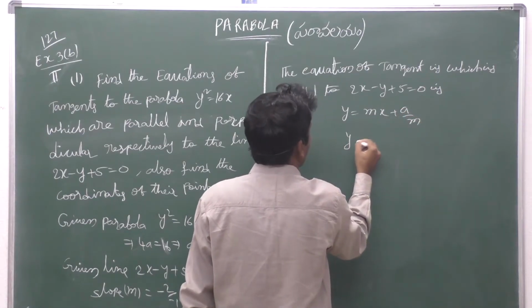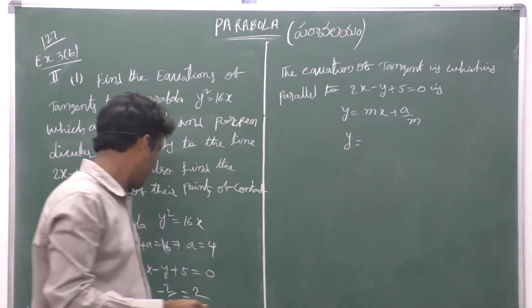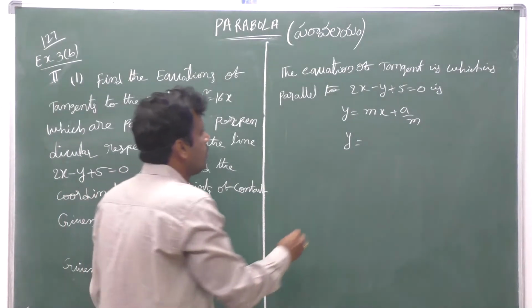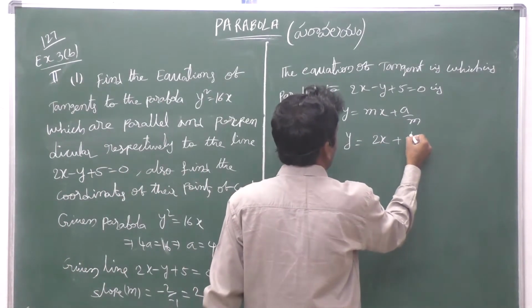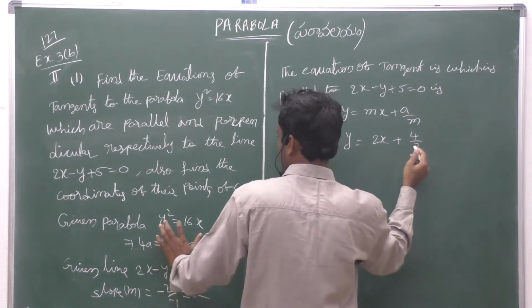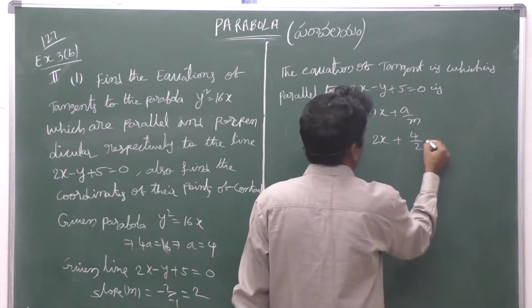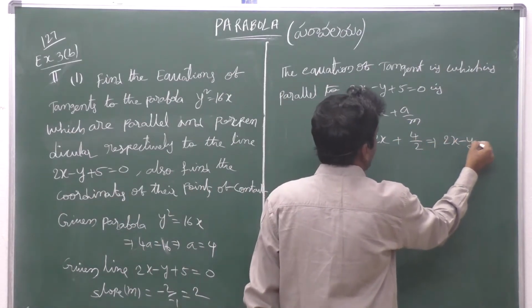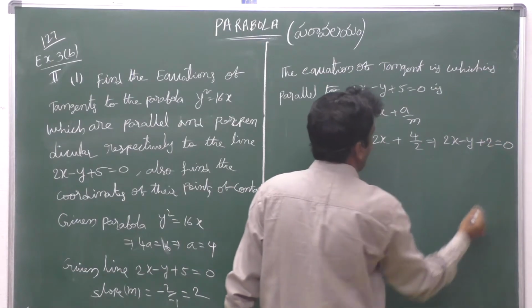That is y = mx + c with the parallel slope 2, so y = 2x + 4/2. That is 2x − y + 2 = 0.